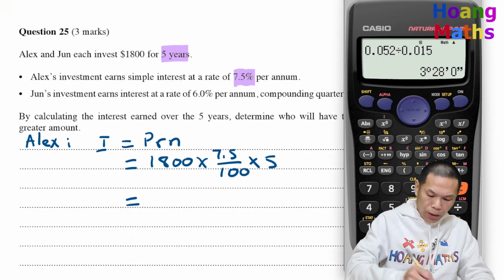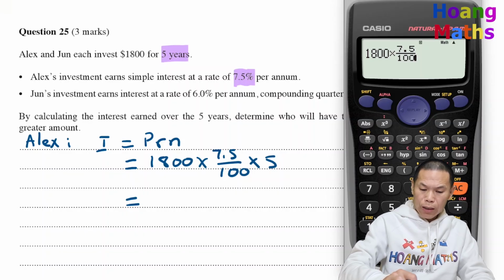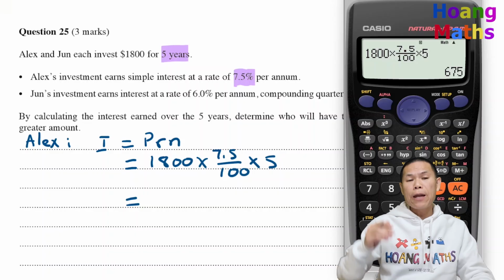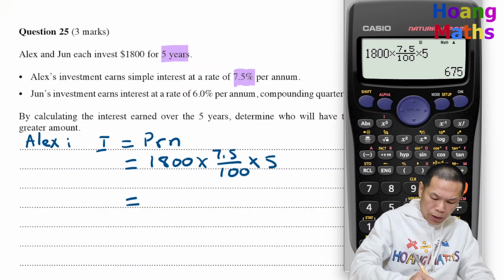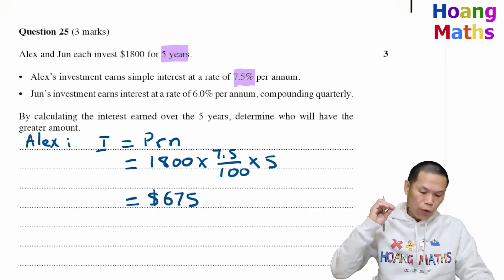So I just go 1800 times 7.5 over 100 times 5. That gives $675. There you go.